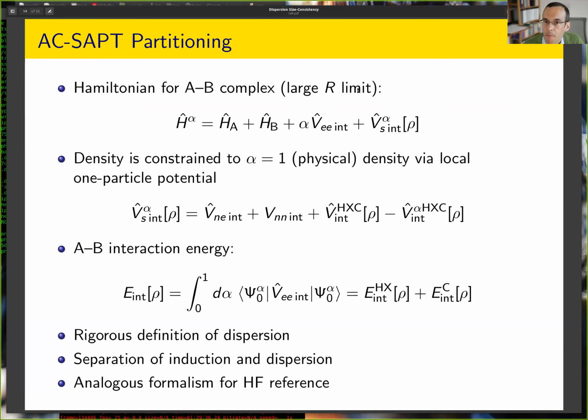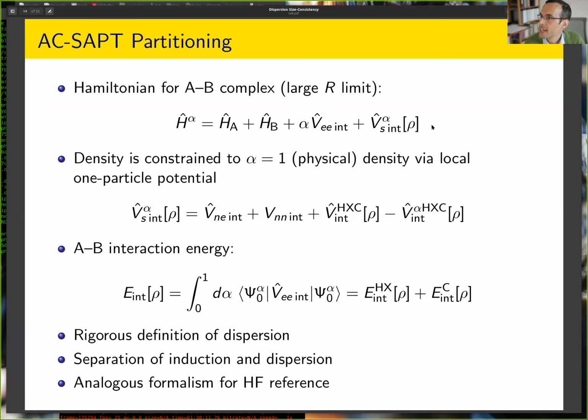So we look at this AB complex in the large separation limit. There is interaction, but there is no overlap between the subsystems. And we scale, instead of the whole Coulomb interaction, only the interaction between the two fragments. That's the crucial difference compared to the standard adiabatic connection method, all right? And then we introduce this coupling strength dependent Kohn-Sham potential that fixes the density, okay?